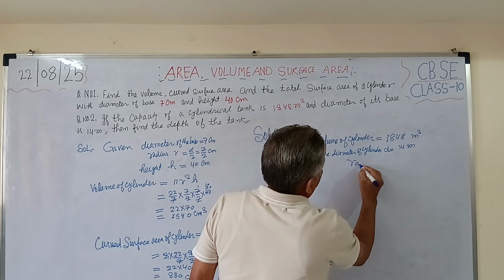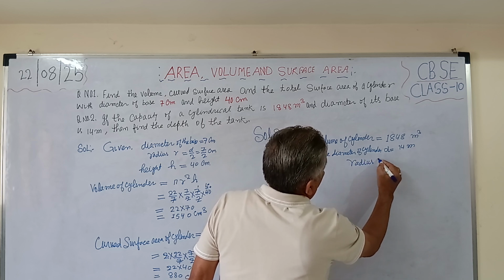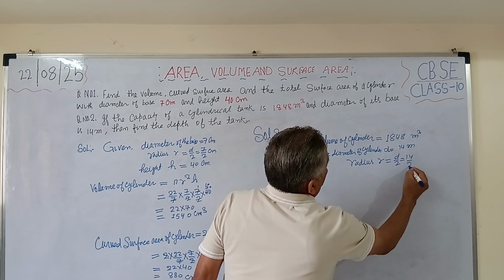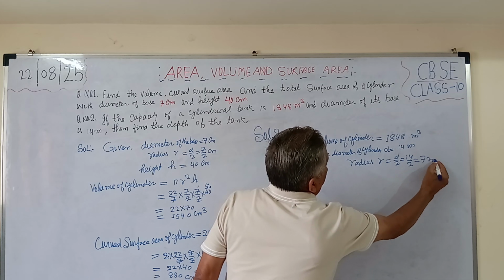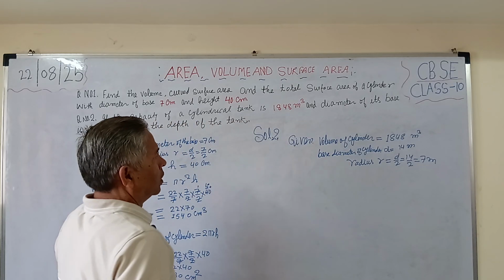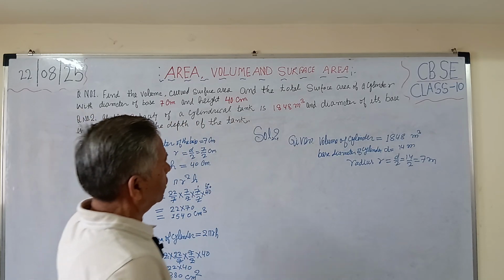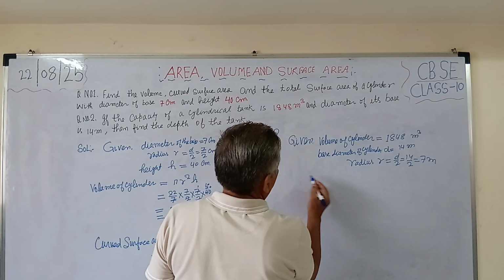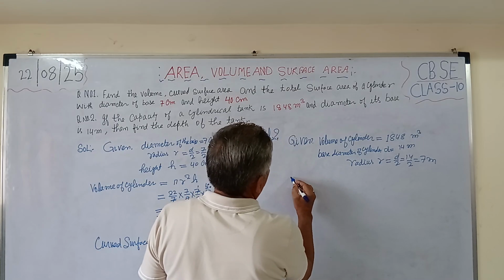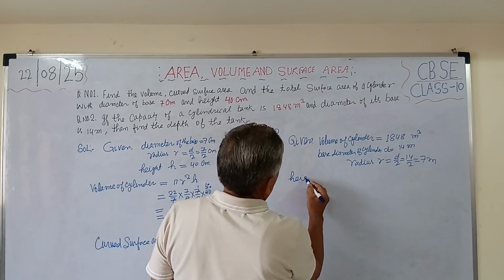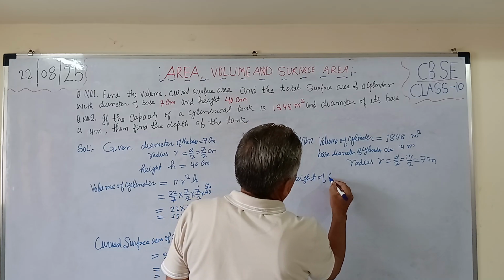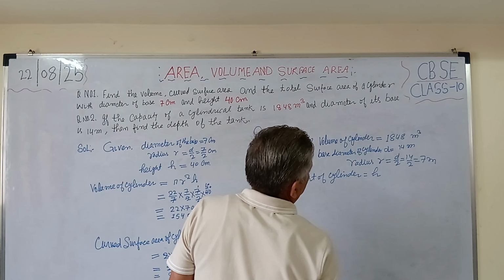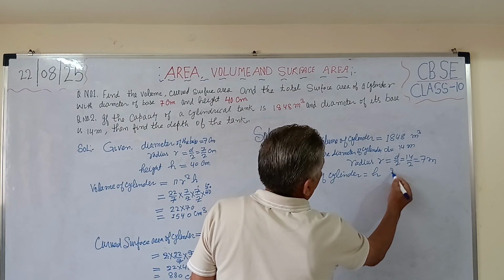So radius R will become D by 2, that is 14 by 2 equals to 7 meter. Now to know the height, let the height of cylinder be h. Now we have to find out the height of the cylinder. So height of cylinder equals to h, and this we have to find out.